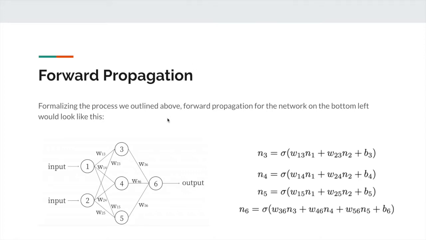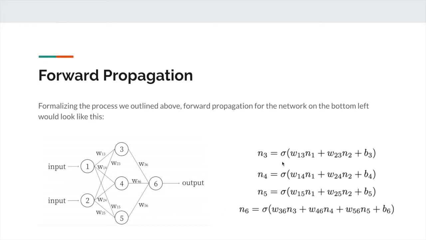Okay, so hopefully the stuff on the previous two slides made sense. This is just formalizing what we did on the past two slides mathematically. So here, N3 represents the output of neuron 3, N4 represents the output of neuron 4, N5 represents the output of neuron 5, and N6 represents the output of neuron 6.